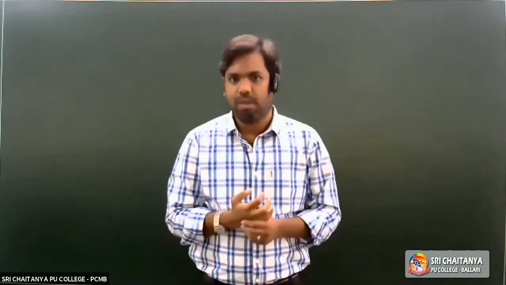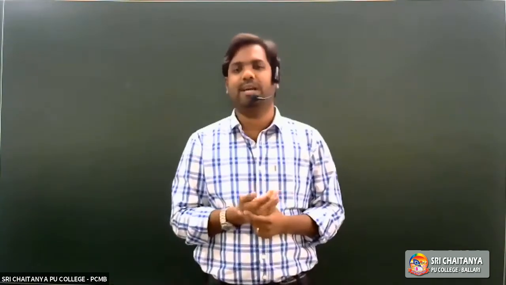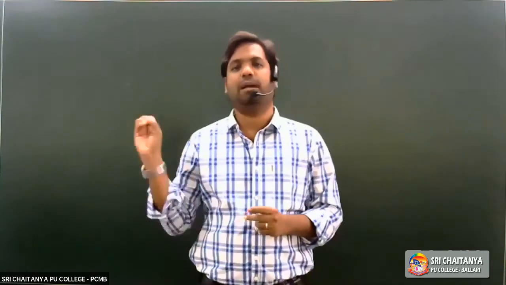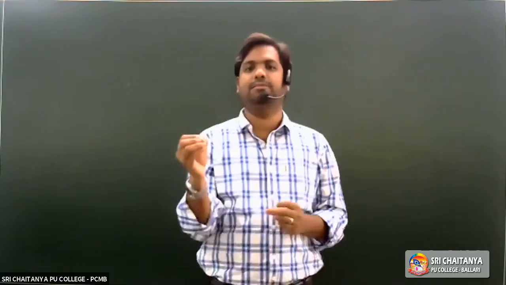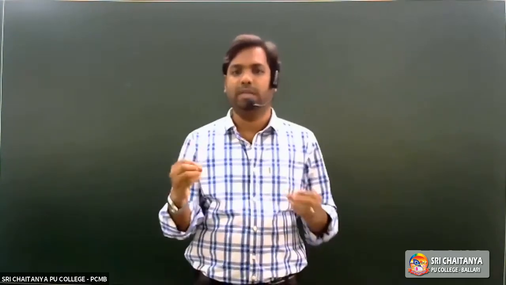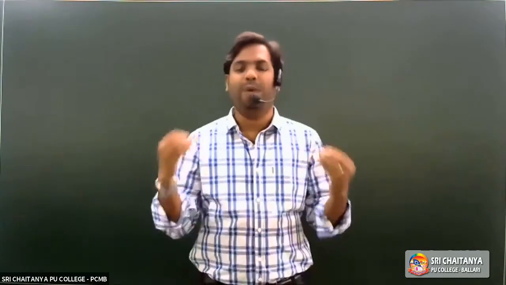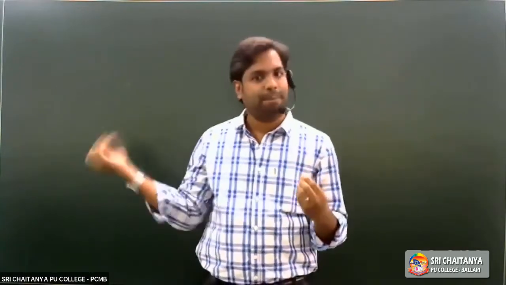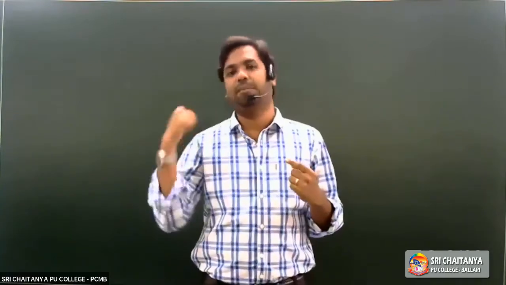So in this session, let's get into some more details with regards to mutations. Let us take up another classification, which we call the major classification of mutation. Here we'll be talking about where exactly the mutations are caused, where there is a change in the genetic makeup, whether it is taking place in the chromosome or in the gene.